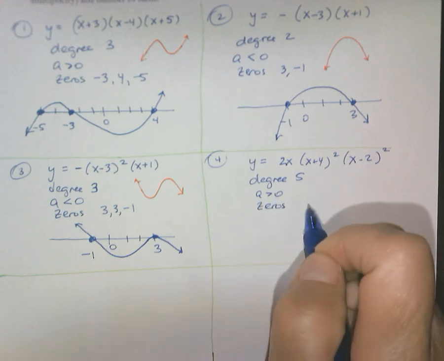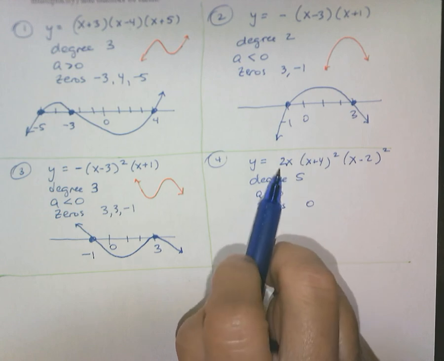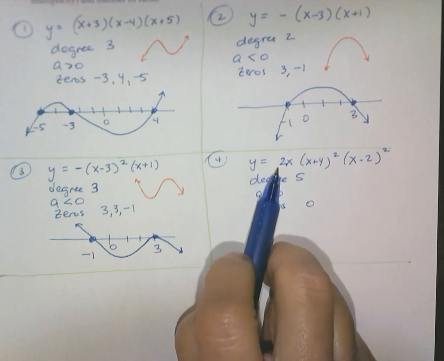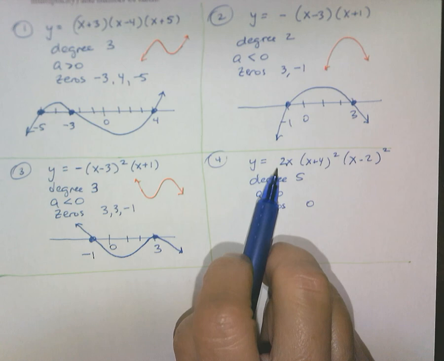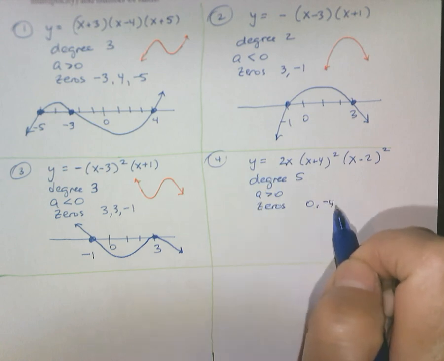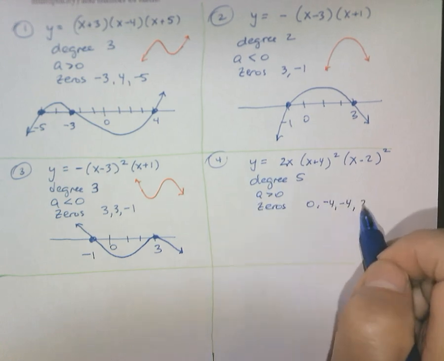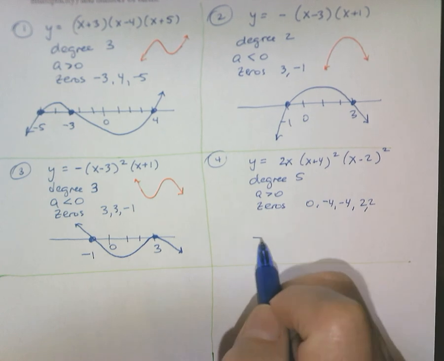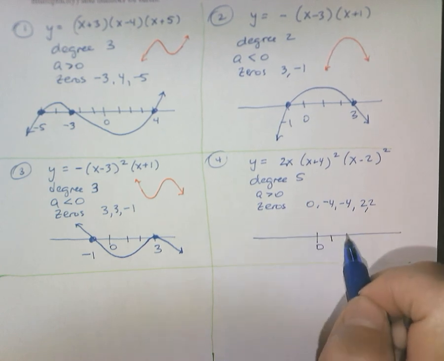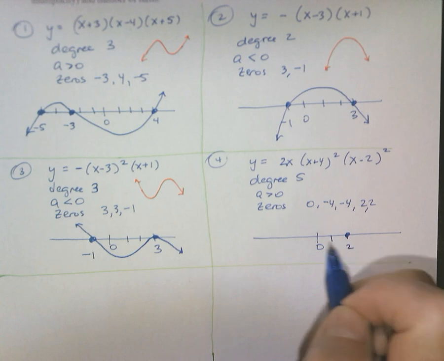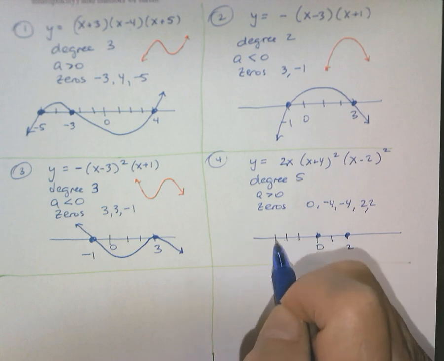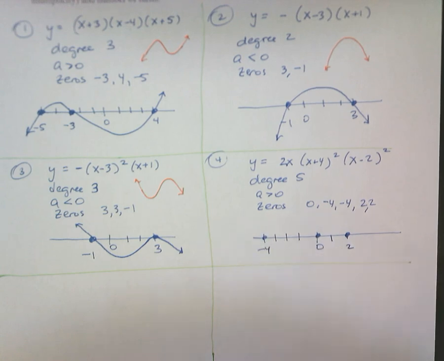And I know my zeros are 0. Don't forget this 2x. This x means it's got to have an x-intercept using that x. Negative 4, I'm going to write that twice. And 2, I'm going to write that twice. So 2, 0, and negative 4.